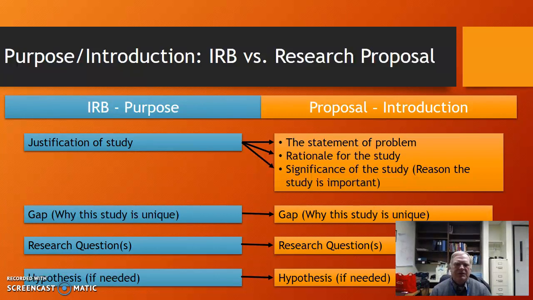You use some literature review in there a little bit and cite some people, but talk about it. An important part of both is the gap. Why is your study unique? That's the reason that you're doing the study. And then you clearly state the research question and hypotheses if you have any on the proposal as well.